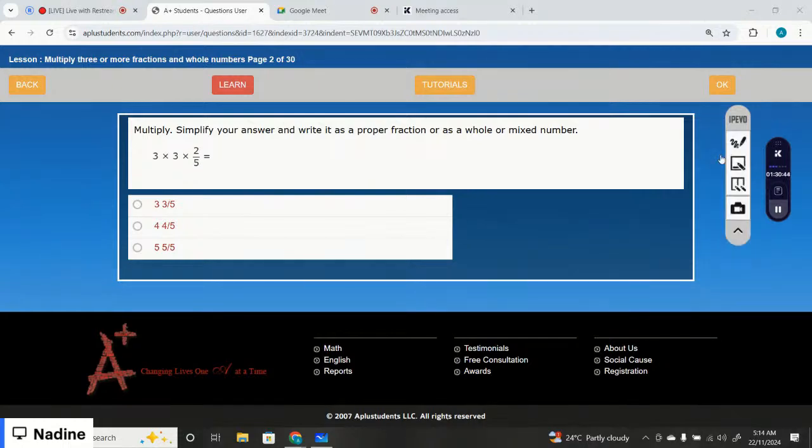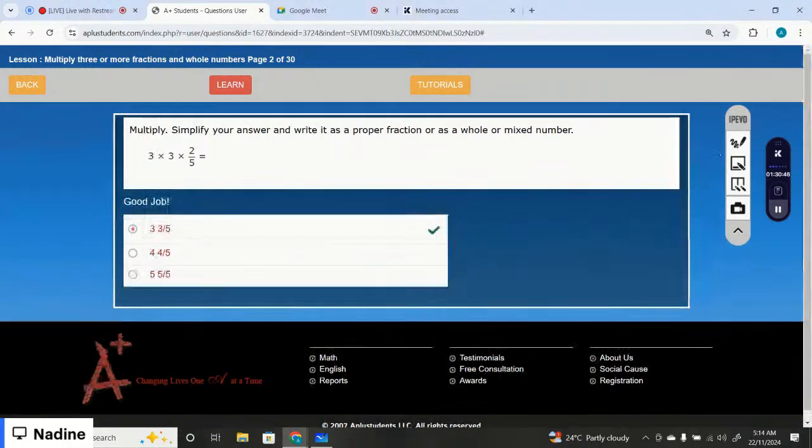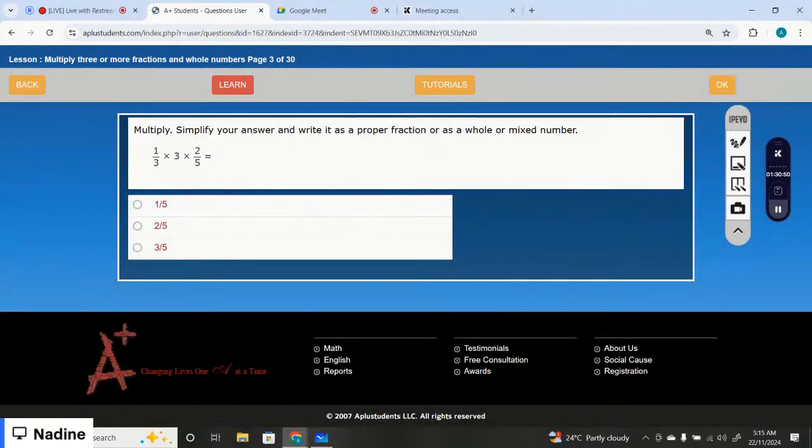That is 3 whole 3 by 5. Option number 1 is the correct option. One by 3 times 2 by 5.